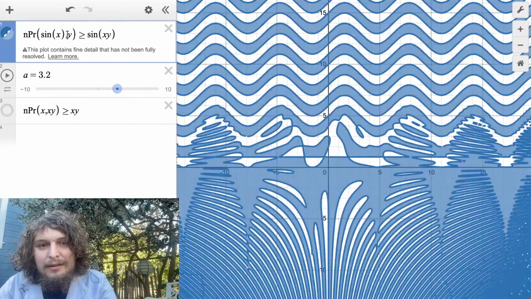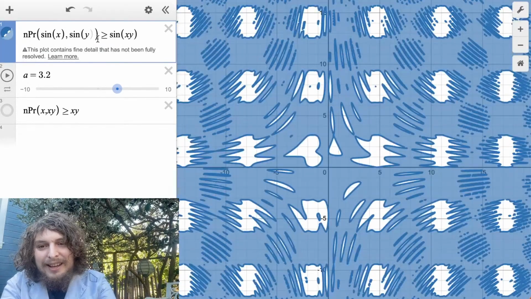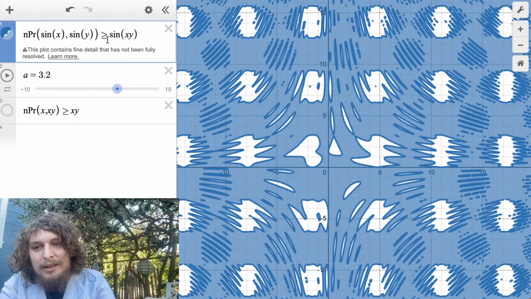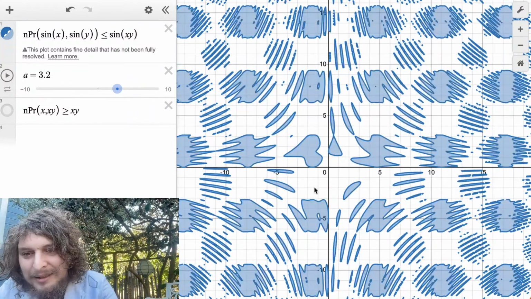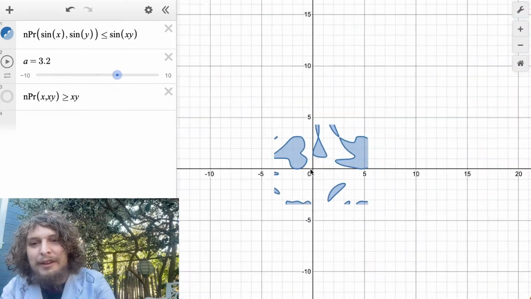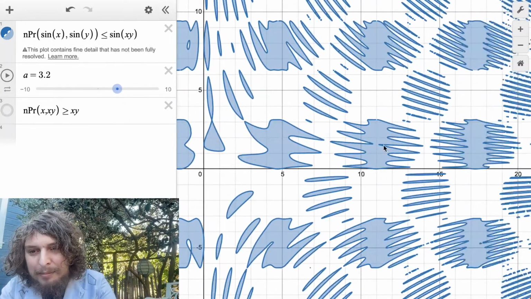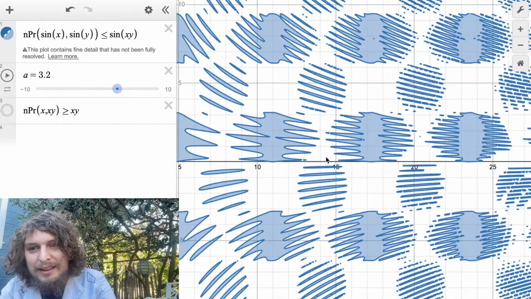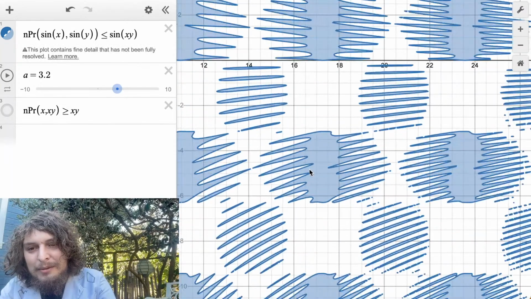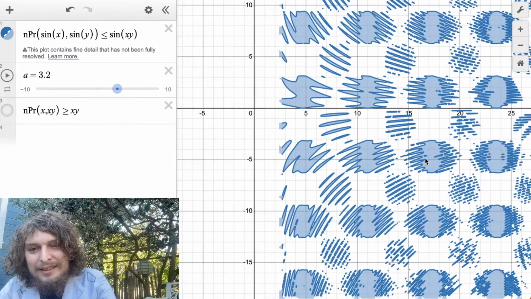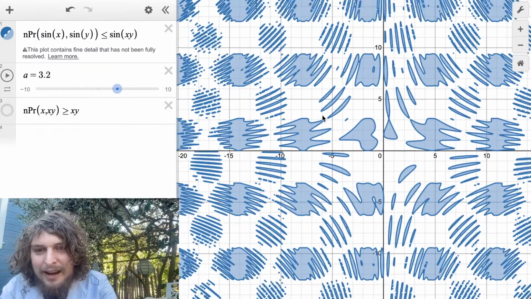Well, we got to try putting it on both here, and that made it a little too crazy, but how about I flip the inequality for this one? Now it's a little more digestible, and we sort of have different little islands, which I like when that happens. So I might want to mutate this one a bit more, because when we have different patches, some of them look almost like eyes. Some of them just look like weird little islands.